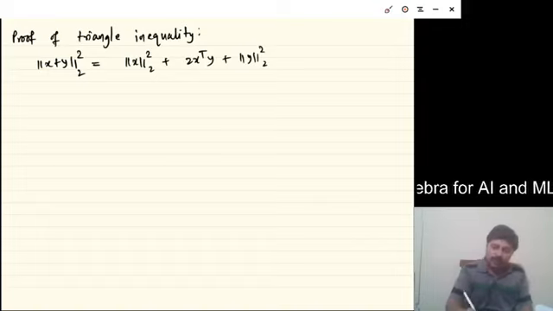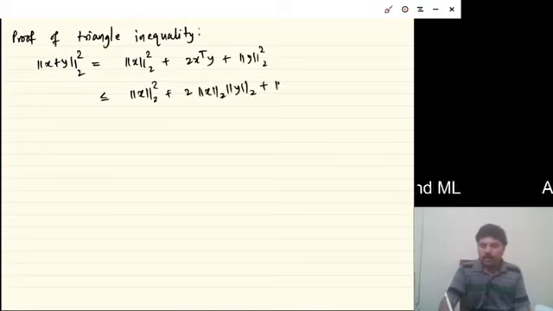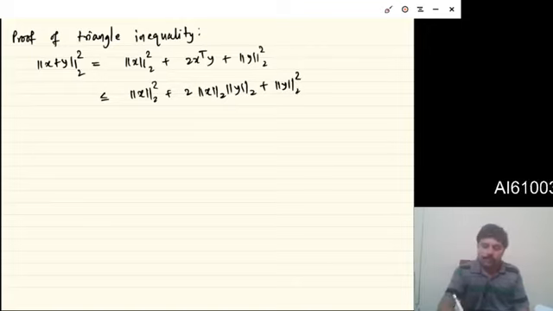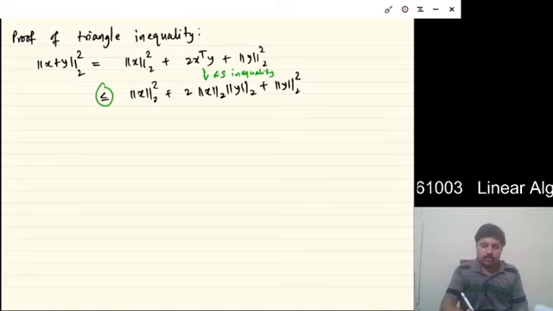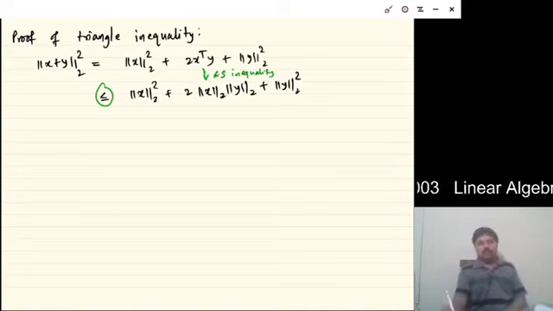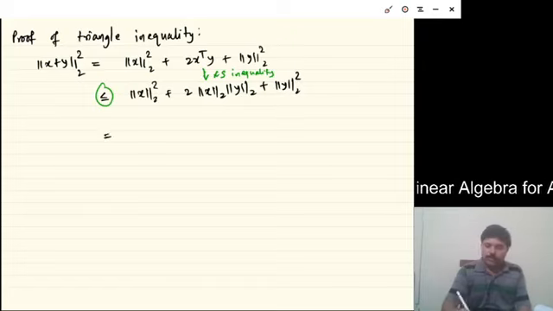And now because of Cauchy-Schwarz inequality, what can you write down? Norm of x square plus 2 times norm of x, norm of y plus norm of y square, right? So from here to here I am using Cauchy-Schwarz inequality. So this equal to is changing to less than equal to, and now it's just algebraic manipulation.